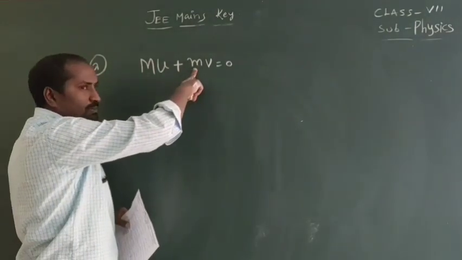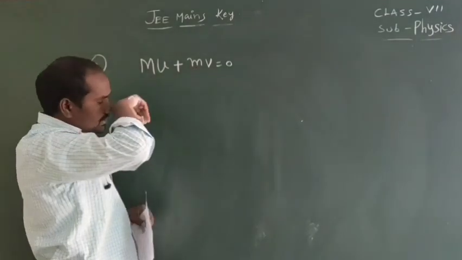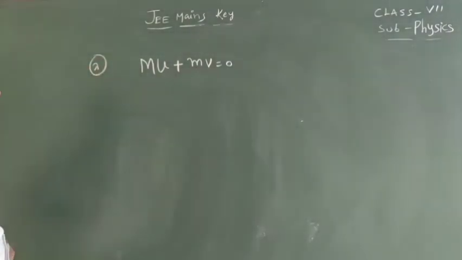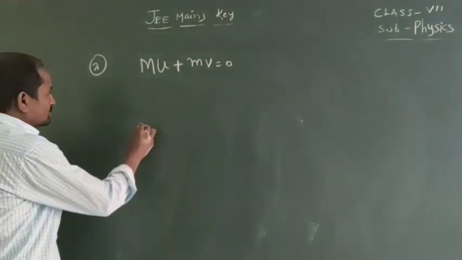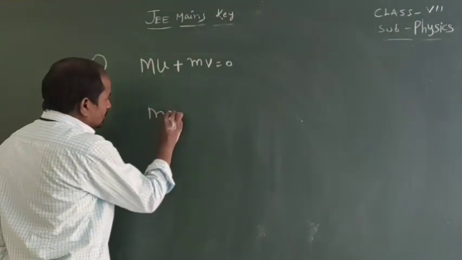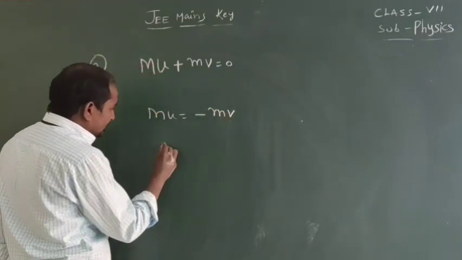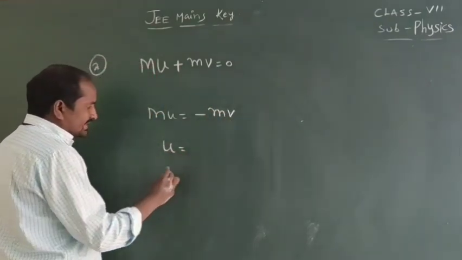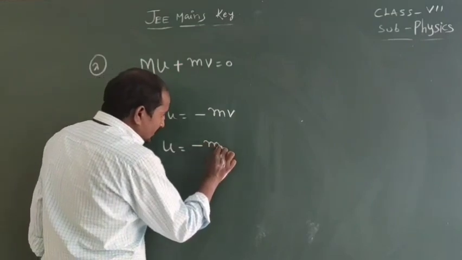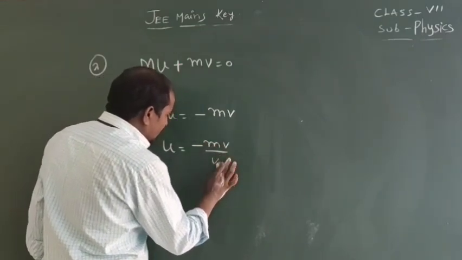Small m equals mass of the bullet and small v equals velocity of the bullet. So Mu equals minus mv. Therefore, u, the recoil velocity, equals minus mv by M.